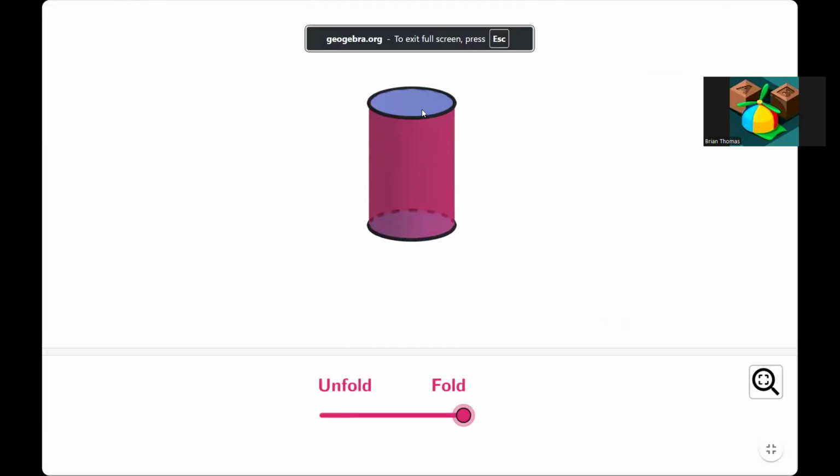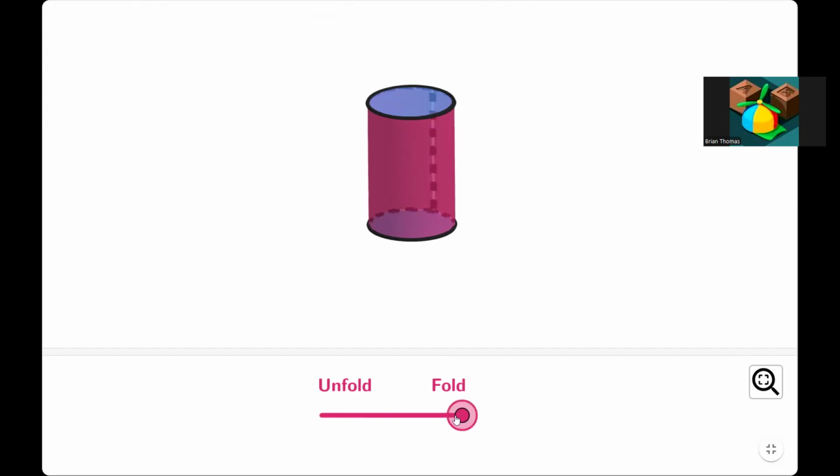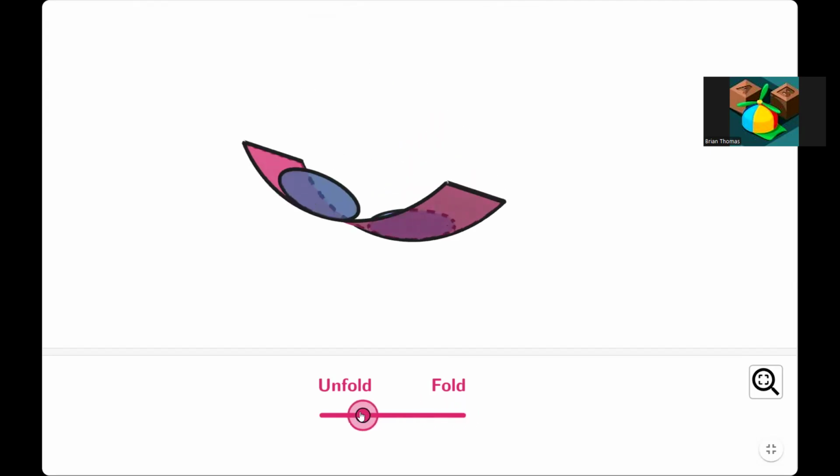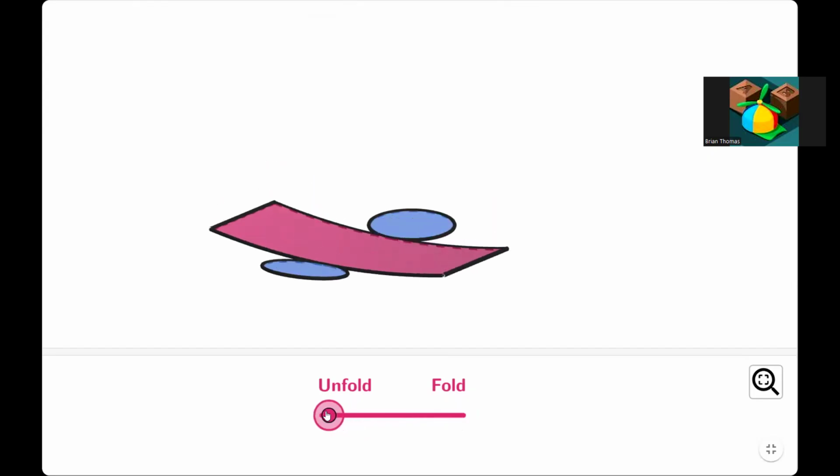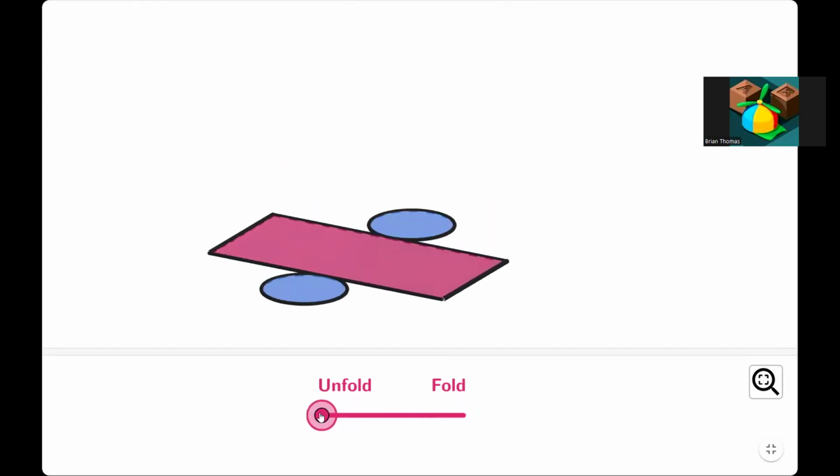If we have a can, notice there's the top base and the bottom base, and then we have this that wraps around the two bases. If I unfold this, notice that to find surface area, we actually have three surfaces that we have to calculate. So we have a circle, and then this right here.